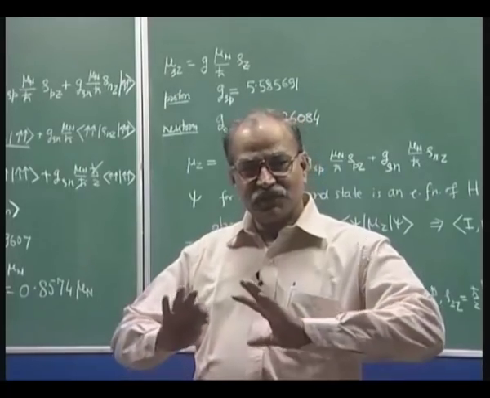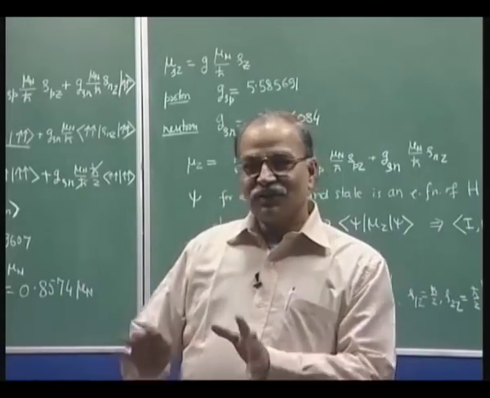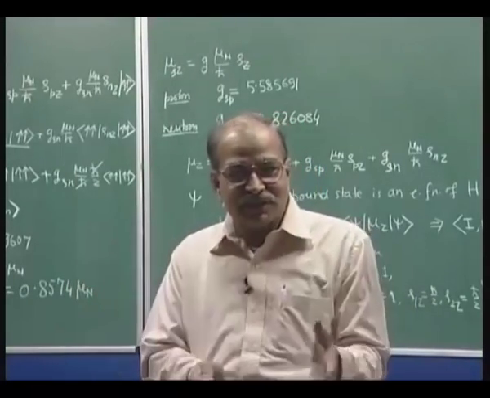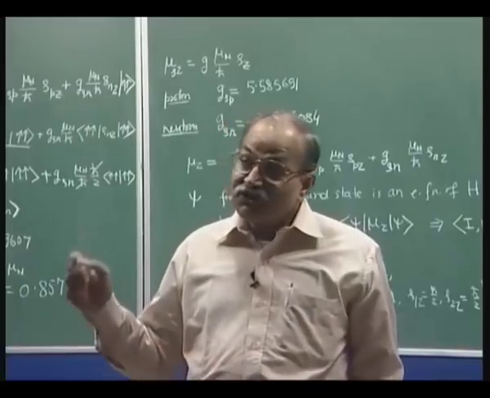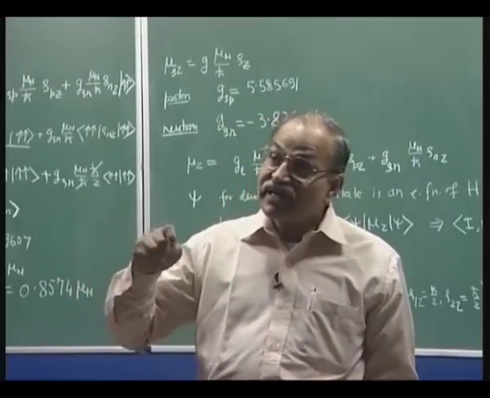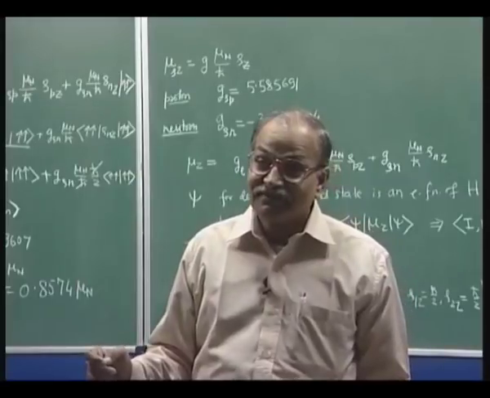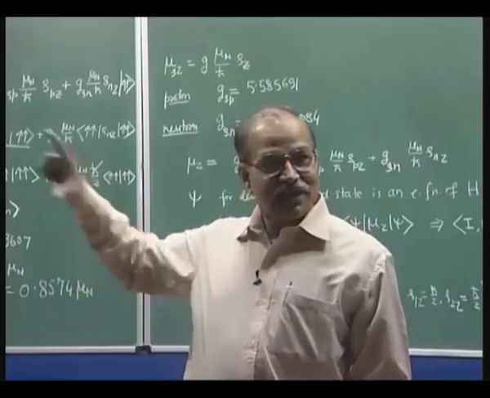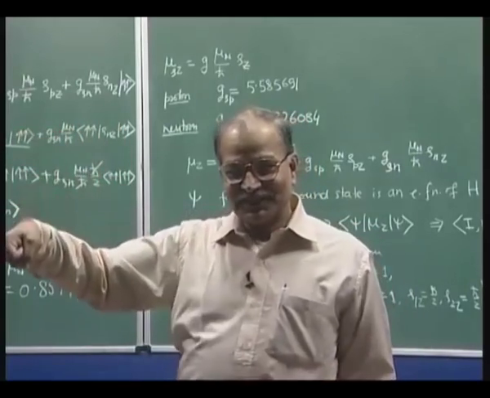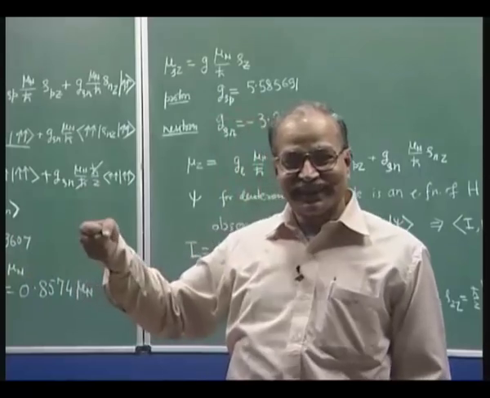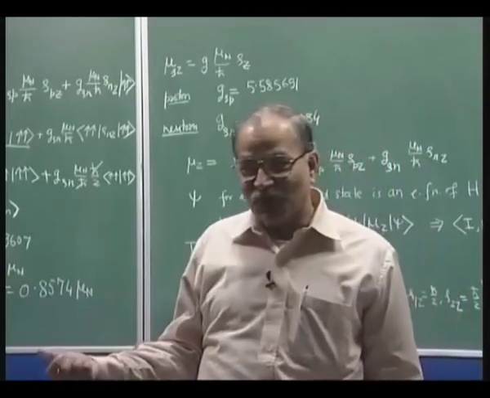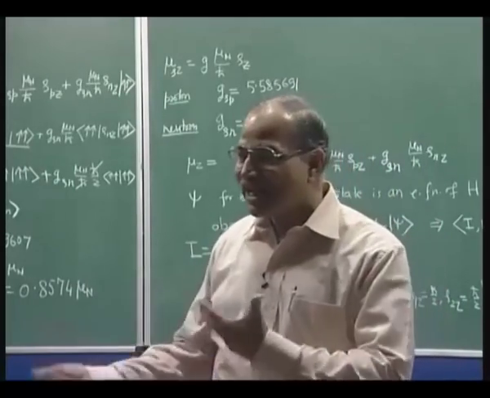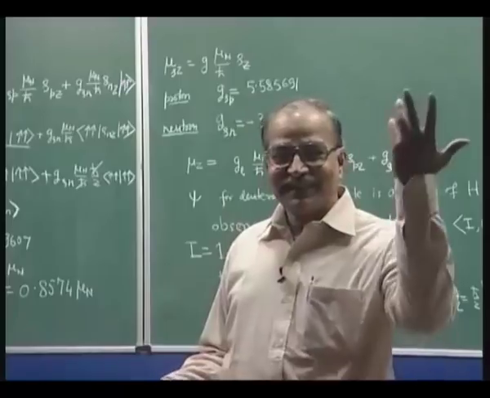It is close to central, but you should add some part to this central potential, which allows for another L value, and that another L value can only be L equal to 2, because capital I equal to 1 is sitting on us. Capital I equal to 1 is a measured quantity, so that we have to honor, right. Anything coming from experiment we have to honor, we can only modify our theory. Experimental result is experimental result.